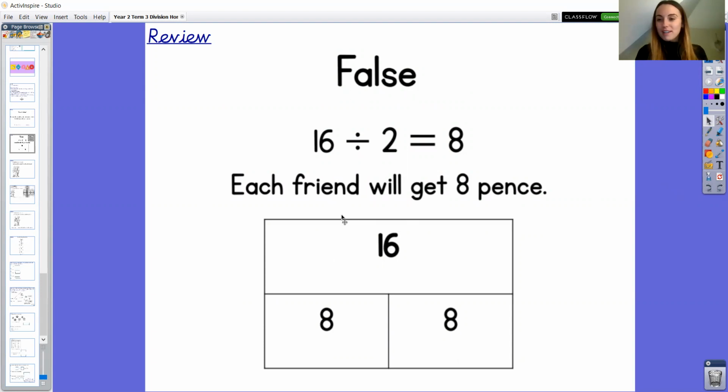So each friend will get 8 pence. So I'm wondering if each friend got 7 pence, as the question suggested, what would the whole amount of pence be then? Well done. 7 add 7 equals 14, doesn't it? Brilliant. Well done, Year 2.